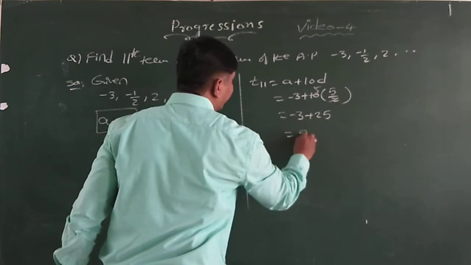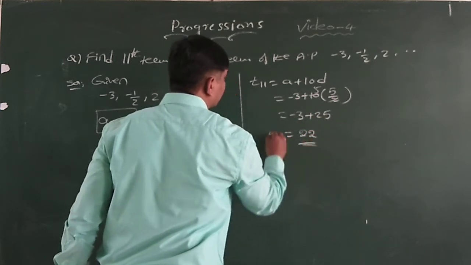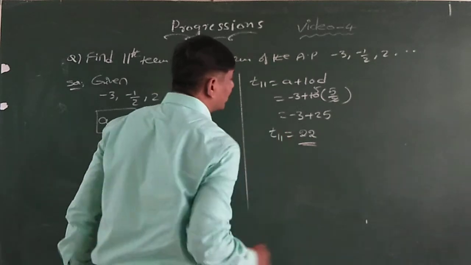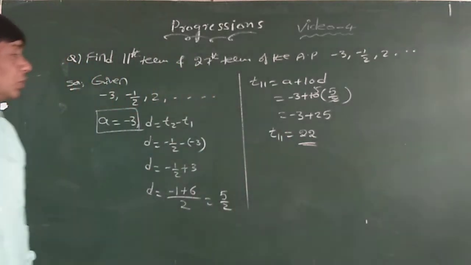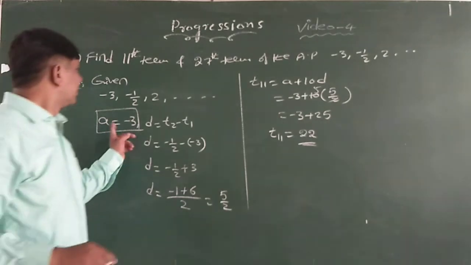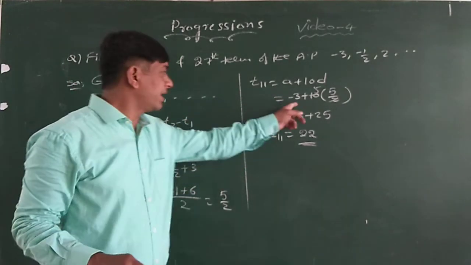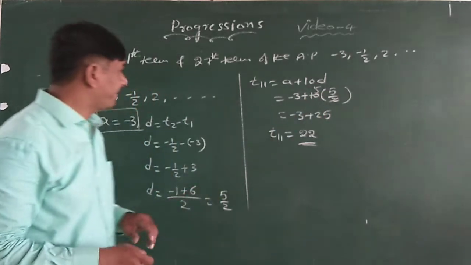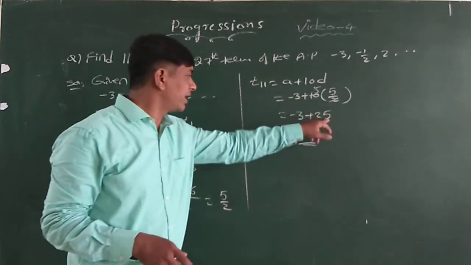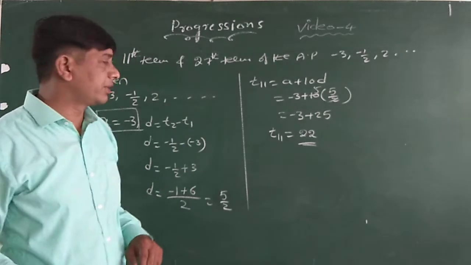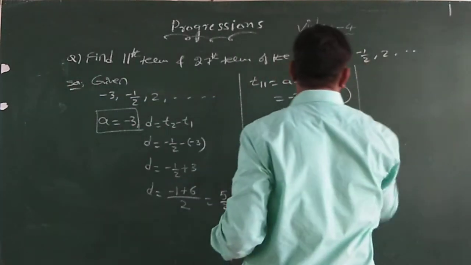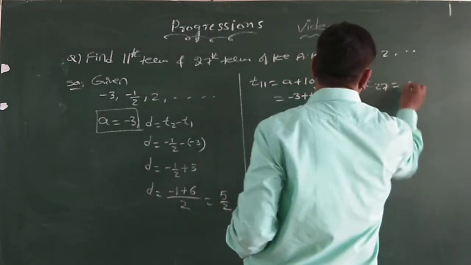Minus 3 plus 25 is 22. T11 is equal to 22. Is it correct? A is equal to minus 3, D is 5 by 2, minus 3 plus 10 into 5 by 2, 2 5s, 5 5s 25, 25 minus 3.